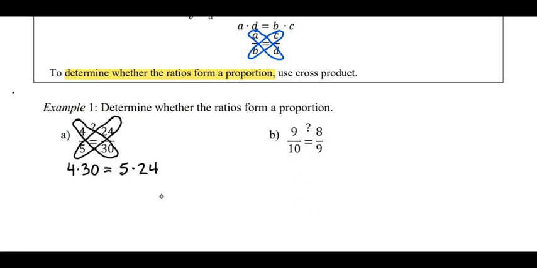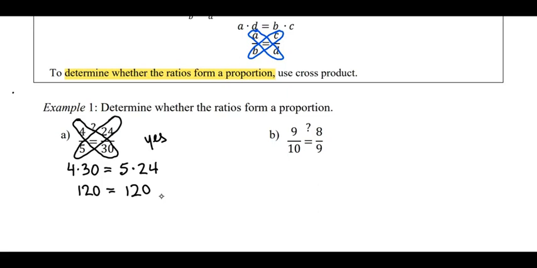All right, well, 4 times 30 is 120. 5 times 24 is 120. So the answer is yes. In part A, we have a true proportion because we have the left side equal to the right side. And if you remember when we were working with fractions, these are equivalent fractions because 4 times 6 is 24 and 5 times 6 is 30.